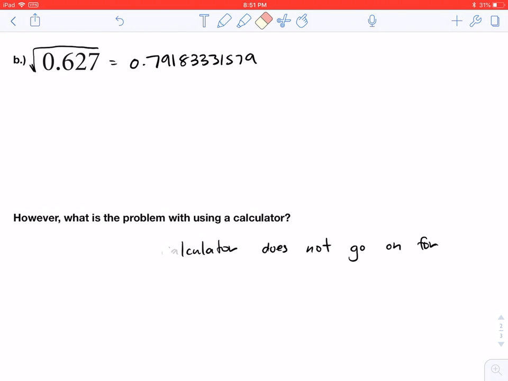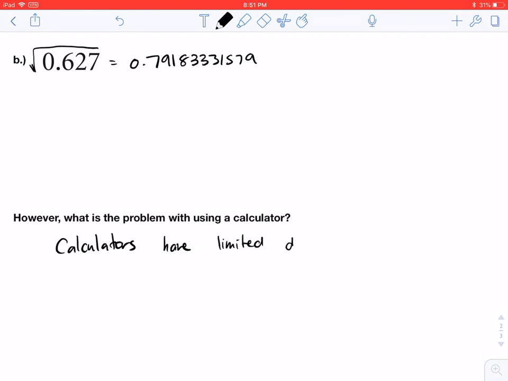However, there's a problem with this when you're trying to enter it into your calculator. So the problem is some calculators don't go on, or the decimal places don't go on for very long. So the problem with using a calculator is calculators have limited decimal places.